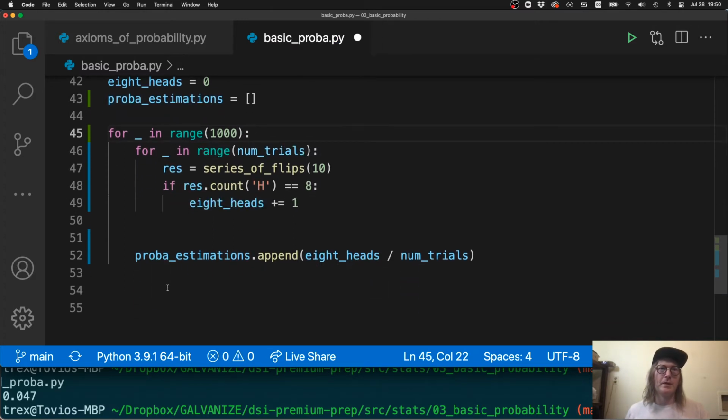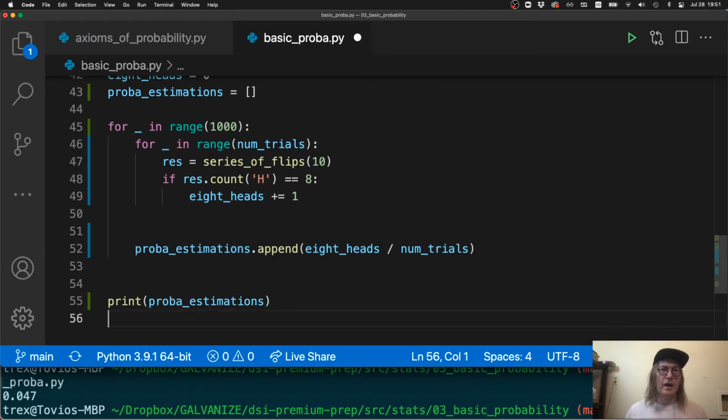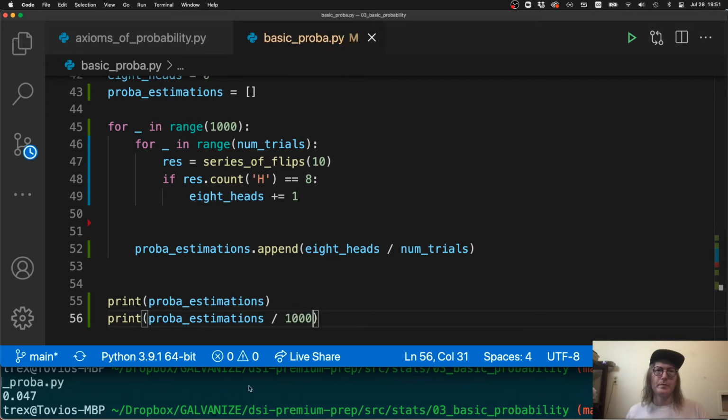Okay. So now, I'll do two things. I'll print the probability estimation so we can take a look at it, and I will also print the mean of the probability estimations. That's just going to be probability estimations divided by 1,000, because that's how many times we are doing that.